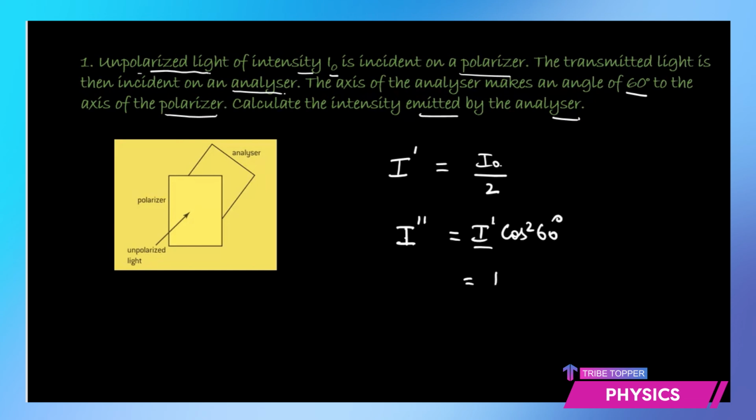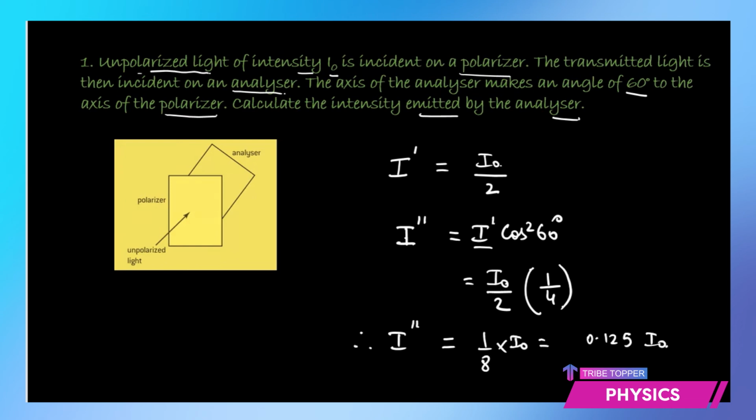So I'll replace it as I naught by 2 times cos squared 60. Cos 60 is half, so cos squared 60 is 1 by 4. Therefore the I2 coming out of the analyzer is 1/8 of I naught, which is 0.125 times I naught. So this is how you can figure out the intensity of light emitted by the analyzer.